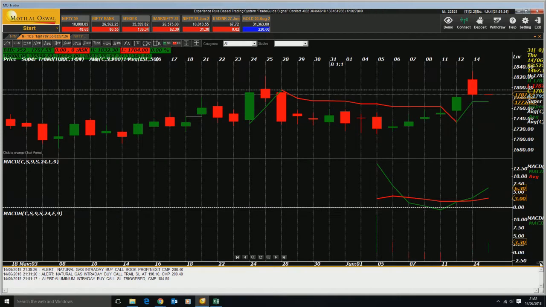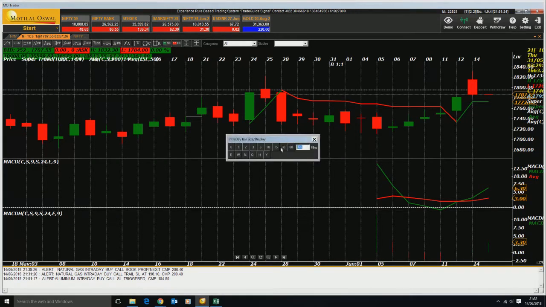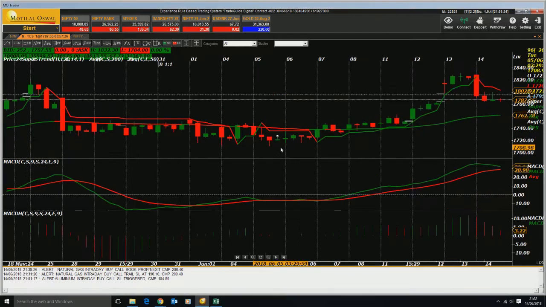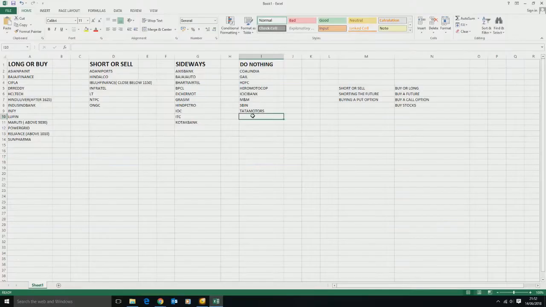But if I look onto my execution time frame, okay, so it has gone pretty much up, but right now it's retracing from there and it's giving me a sell signal. So I have too much conflicting information. So what I will do in TCS, I do nothing.